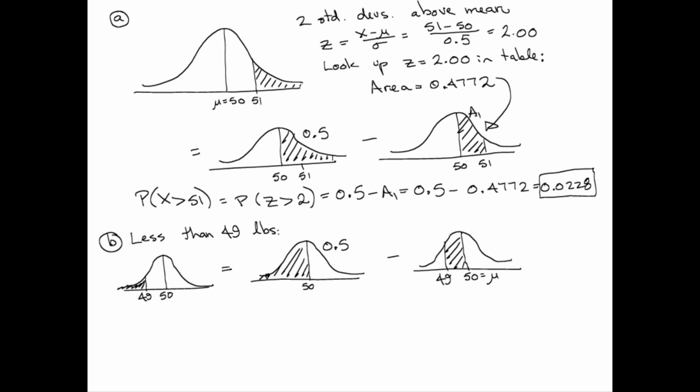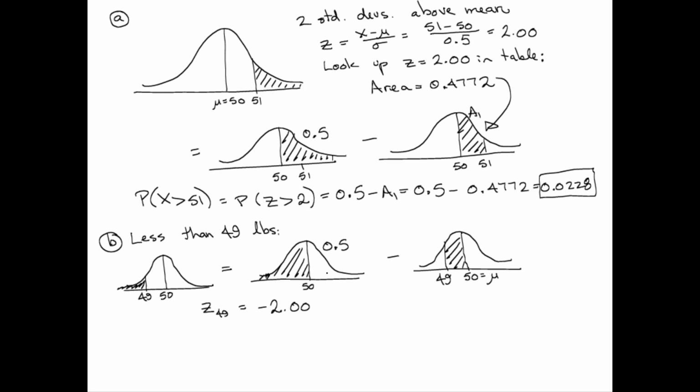Now, my z-score is -2. How do I know? Well, I know that when I was 1 pound above the mean, my z-score was +2. Therefore, if I am 1 pound below the mean, my z-score will be -2.